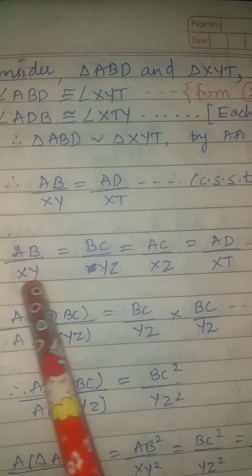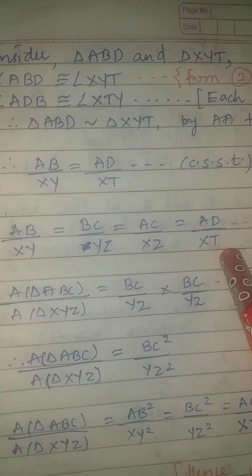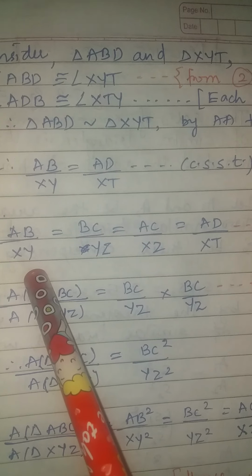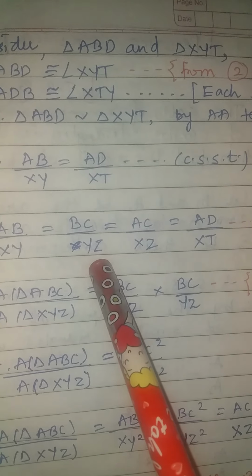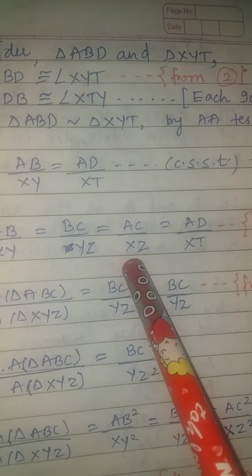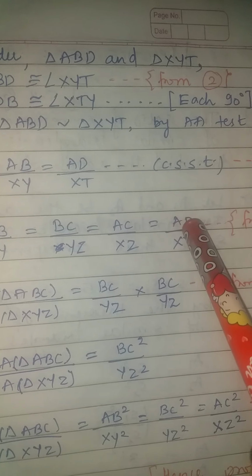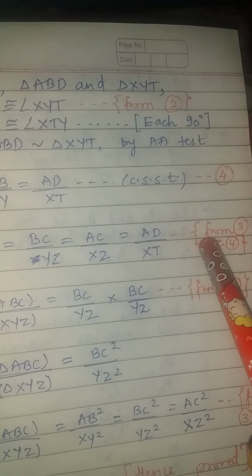So at present all these 4 ratios are equal. That means AB upon XY is equal to BC upon YZ is equal to AC upon XZ, and all three are further equal to AD upon XT, from equations 3 and 4.